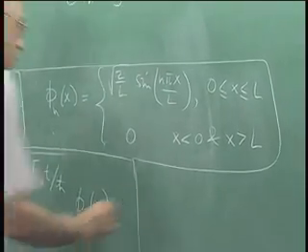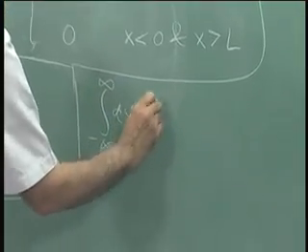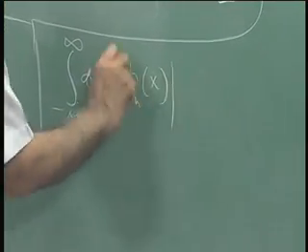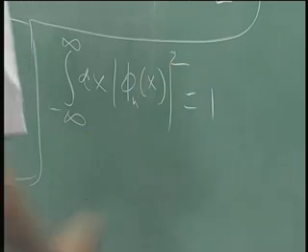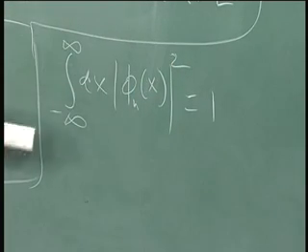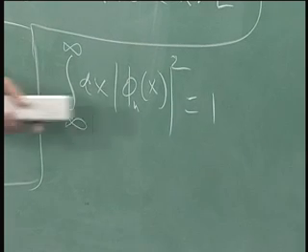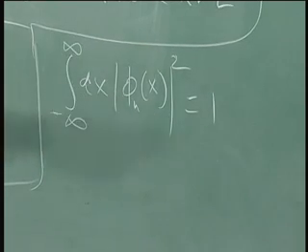Now the normalization constant of course says the integral from minus infinity to infinity of dx phi n of x whole squared equals 1. And of course the integral is only from 0 to L because phi n of x is identically 0 outside the box. So what does this imply for the physical dimensions of phi n of x?